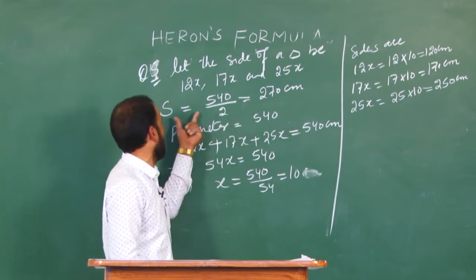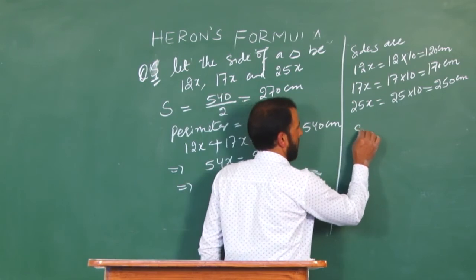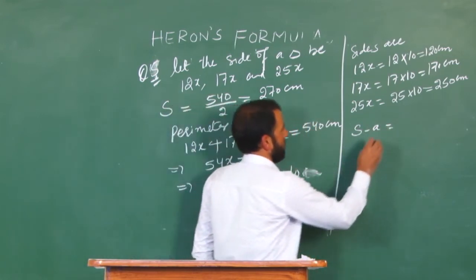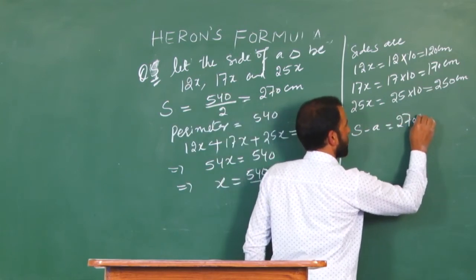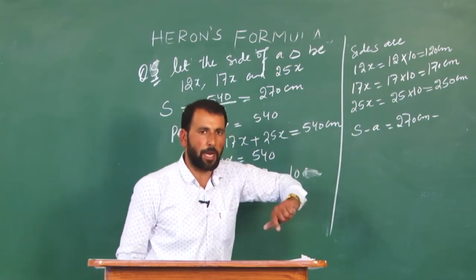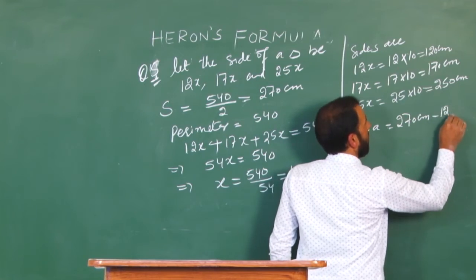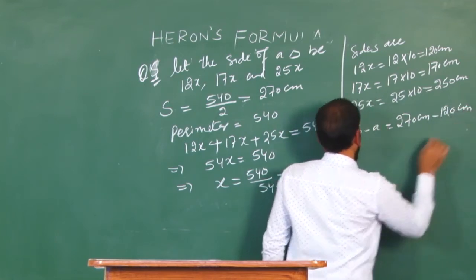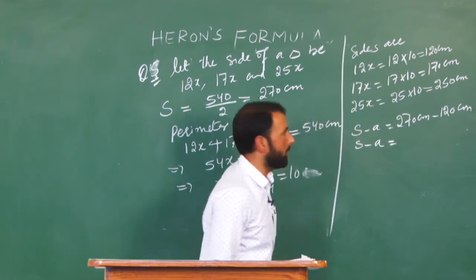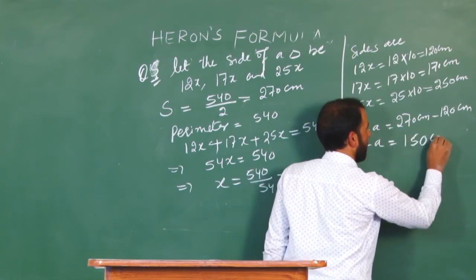Now for finding the area of this triangle, first of all we need the value of S. We have already found it: S is equal to 270 centimeter. Now S minus A is 270 minus 120, which is 150 centimeter.